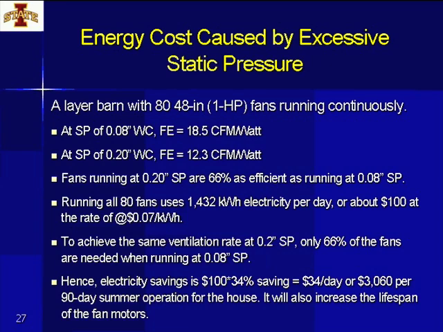If we want to achieve the same ventilation rate at 0.2, we only need to run 2/3 of the fans needed if those fans were running at 0.08. So the electricity savings for, say, a 3-month period is about $3,000. Also, the reduced static pressure that the fan works against will lead to an increased lifespan of the fan motor.